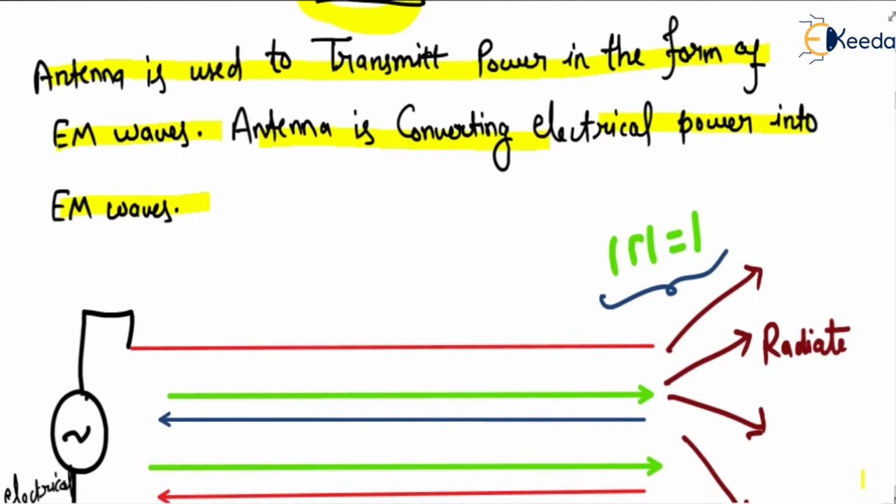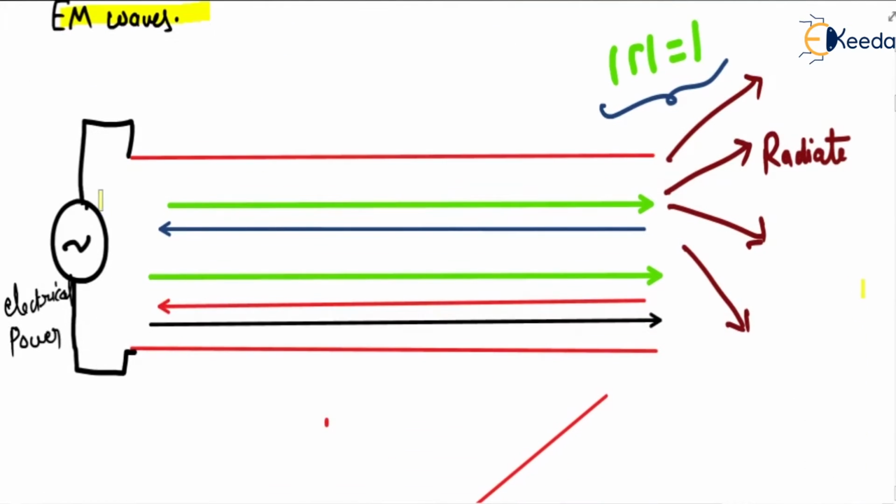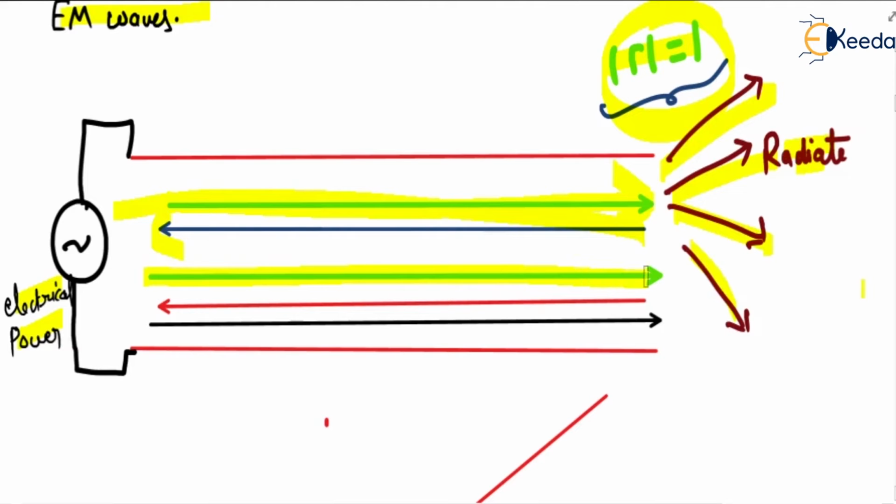Antenna can be understood by the open circuited transmission line where mod gamma is equal to 1. When electrical power is given to the open circuited transmission line, then power approaches towards the open circuit load, but some power is radiated. And the remaining power turns back and again comes to the load side, and again some power is radiated.